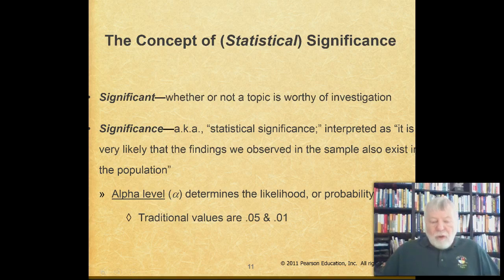We determine this kind of likelihood, or this probability, as it relates to what we call our alpha levels, which typically range in education between 0.05 and 0.01.